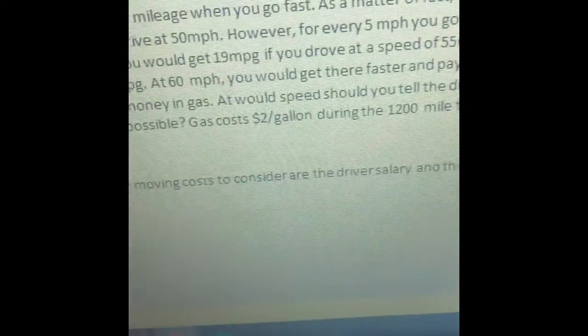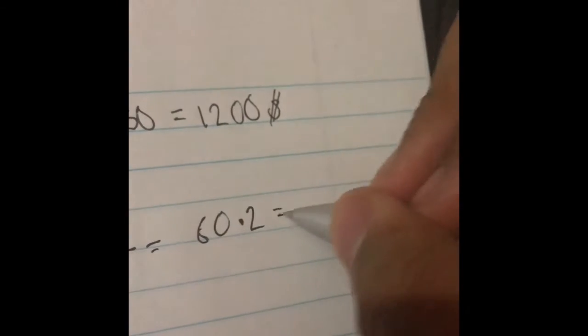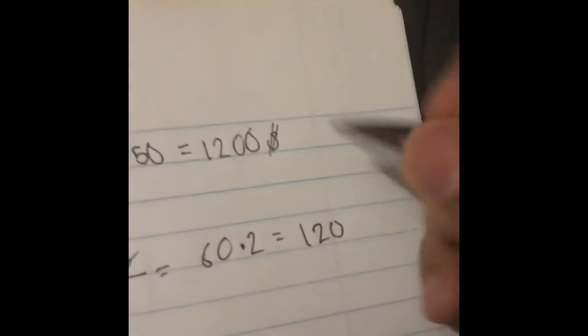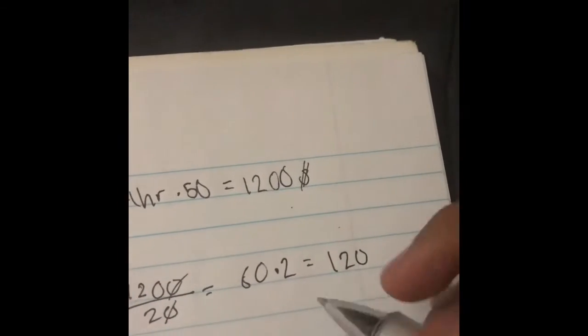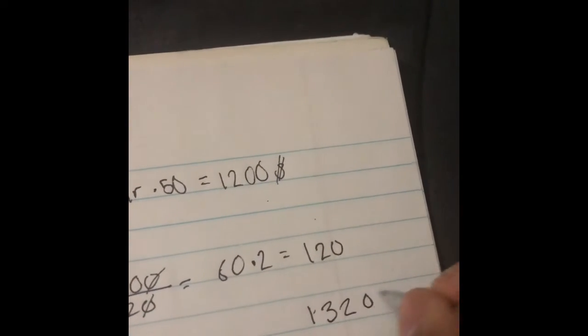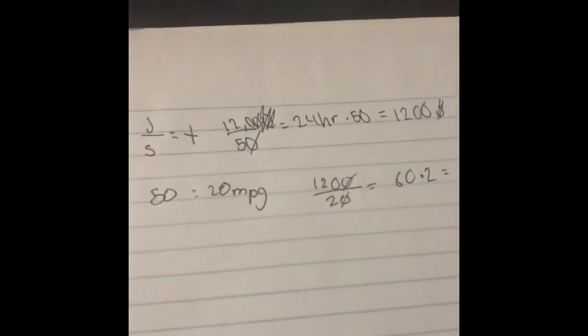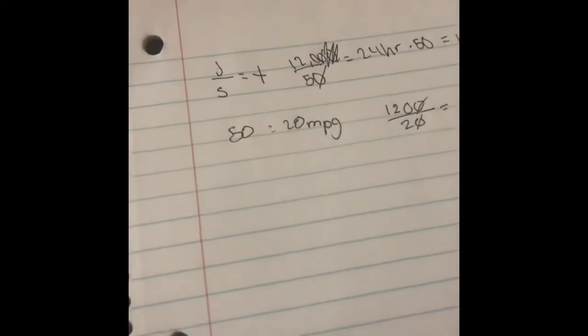And it says right here that gas costs $2 per gallon, so you need to times this by 2, and that equals 120. Then you add these two up. This would be the bare bones way, if you just want to keep going and going to get your final answer, which would take way more time and tedious work.